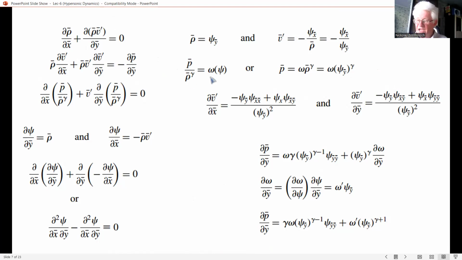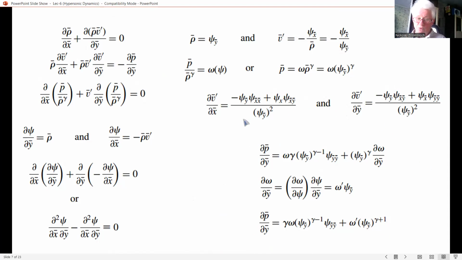After that, we may differentiate and find the next two expressions. Because the derivative of omega with respect to y is a function of omega, gamma, and psi, we may write the next three equations at the end.